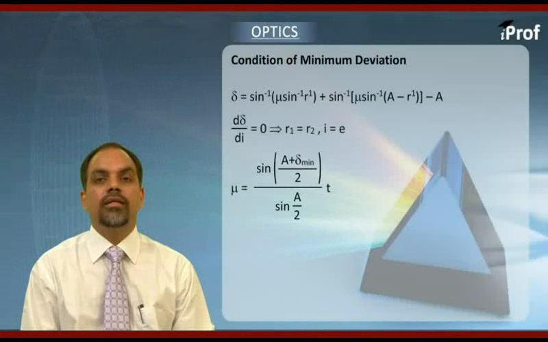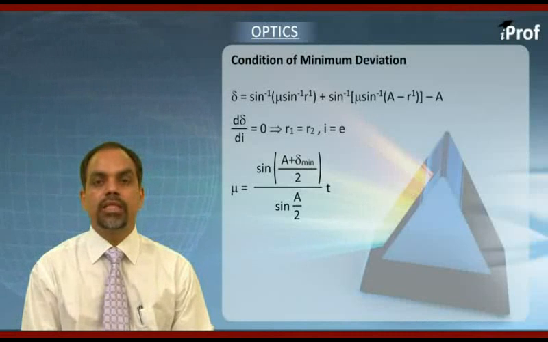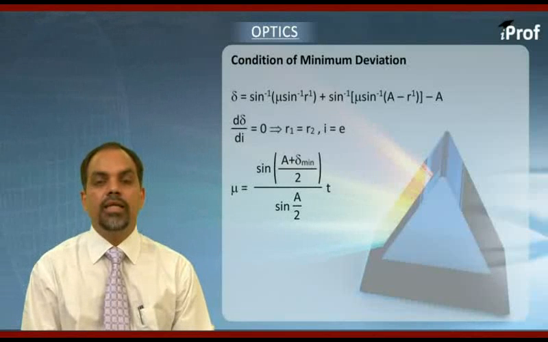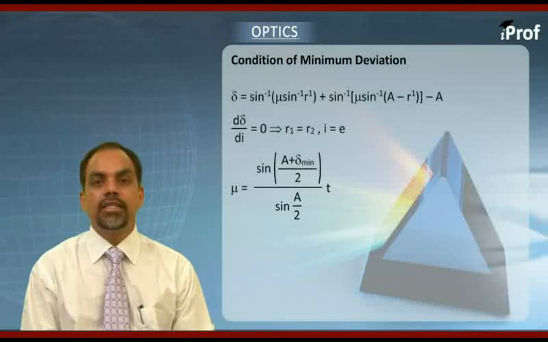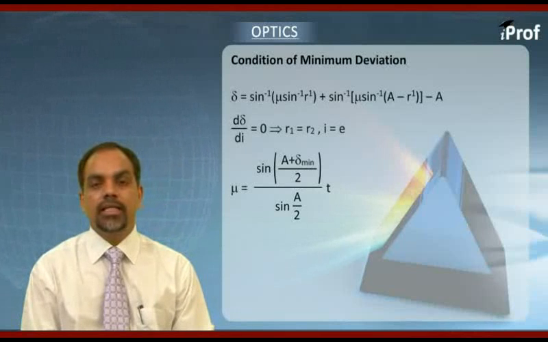Now we can write the value of minimum deviation. I am using the subscript m denoting the minimum. So delta m will be twice I minus A. As I said earlier, in the condition of minimum deviation, the angle of incidence will be the same as the angle of emergence. Now applying Snell's law at any interface, let's take up the first interface.